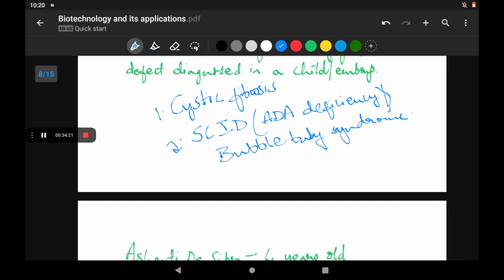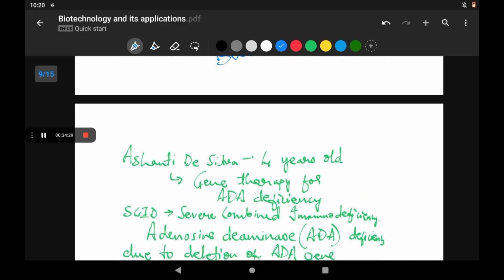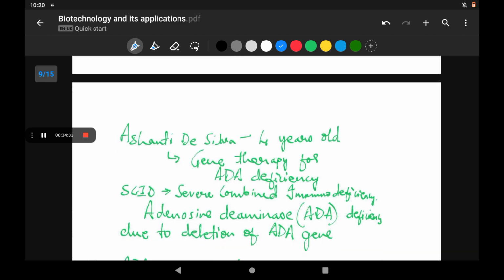The first girl who got the gene therapy for ADA deficiency is Ashanti DeSilva, a 4 year old girl. She was the first patient to be treated with gene therapy for ADA deficiency, or you can also call it SCID or bubble baby syndrome.